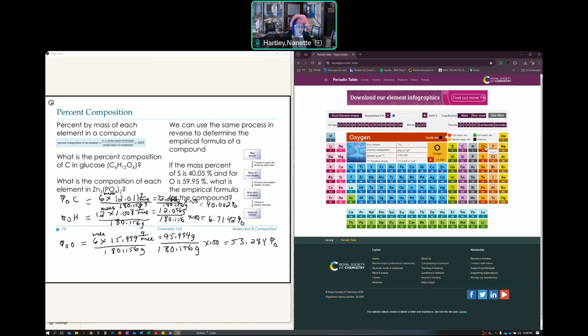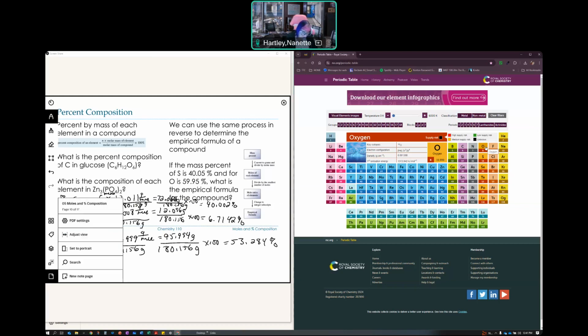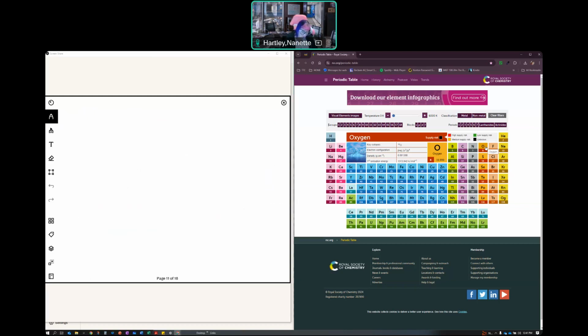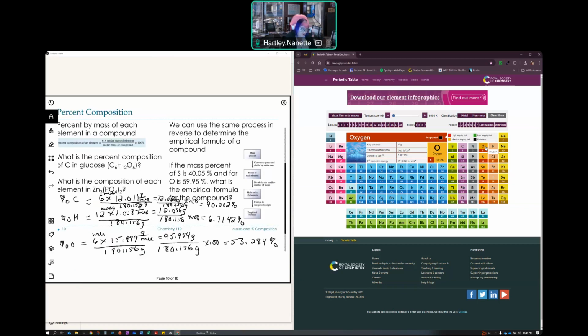Now, I'm going to add another piece of paper so that I can get a little more space involved. I'm going to need to come back to look at what those other questions are about. It says, what is the composition of each element in Zn3(PO4)2?